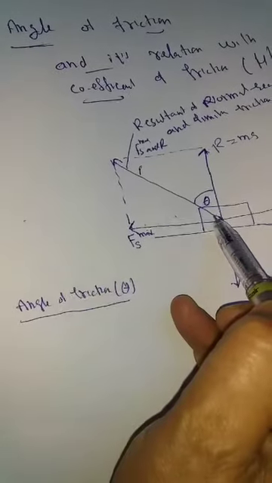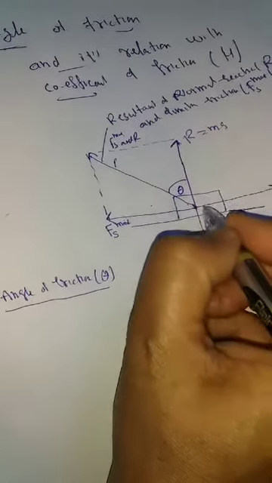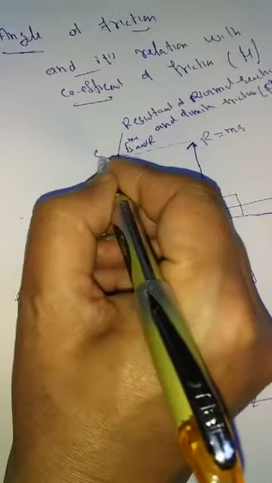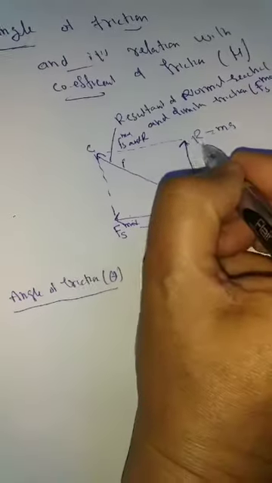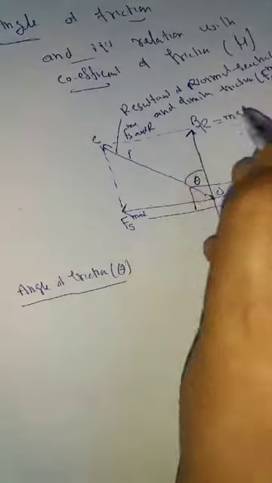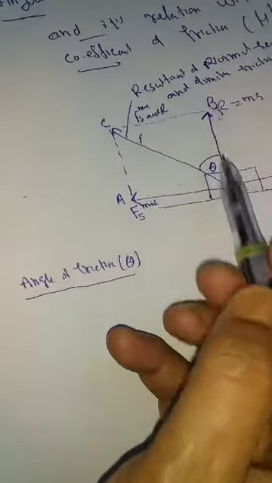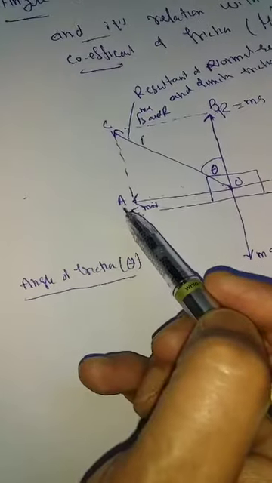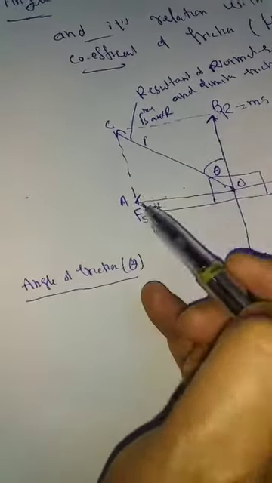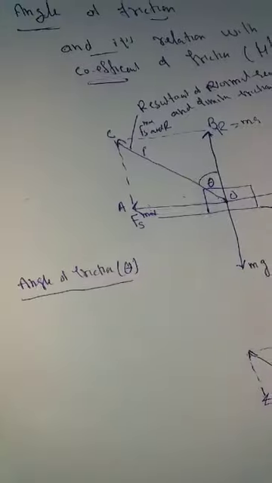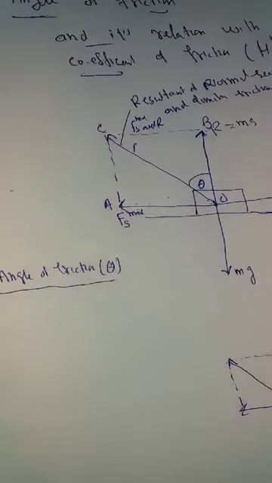Suppose I name it OC. OC is the resultant. Suppose this is OB and this is OA. OB is the normal reaction, OA is the limiting friction. The resultant of these is OC. How can we find the resultant? By the parallelogram law of addition of vectors.